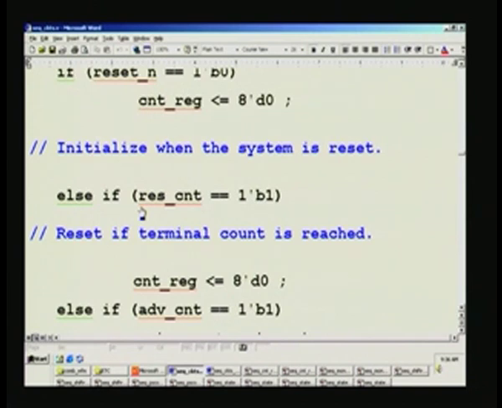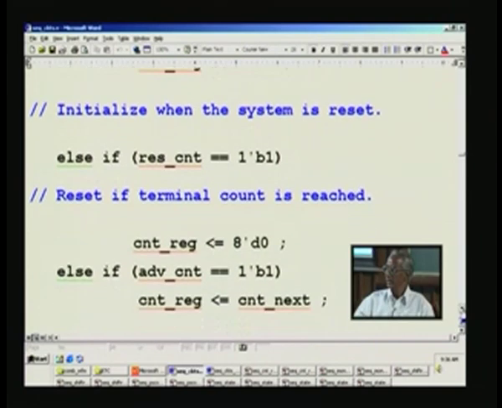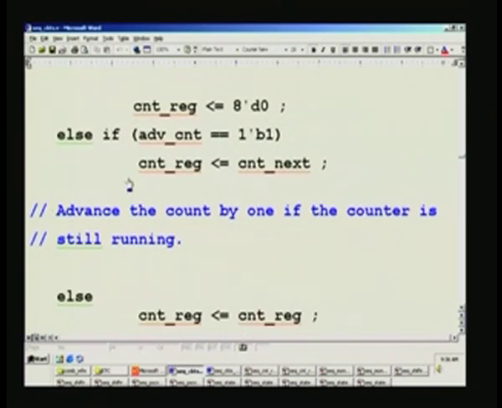And this is also corresponding to the counter register being 255, and then also you need to make the counter 0, clear the counter, and you count only when advance count is active here, and this was pre-incremented earlier, and we merely assign here in order to speed up the operation.